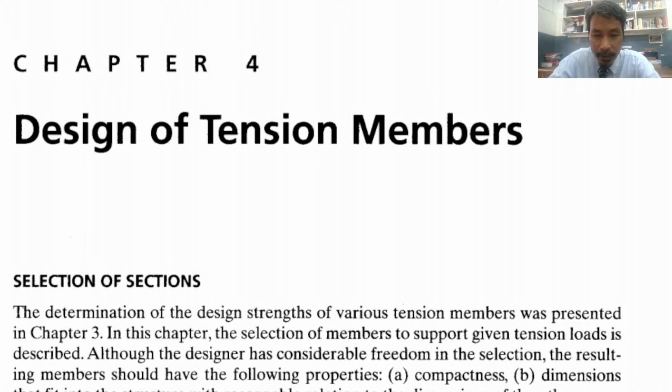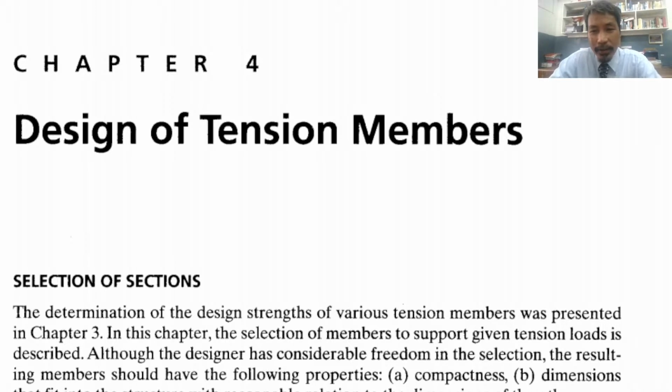We have the given design strength. Now, we are going to find out what would be the dimension of the component of the structural element that would satisfy those design strength and allowable strength.